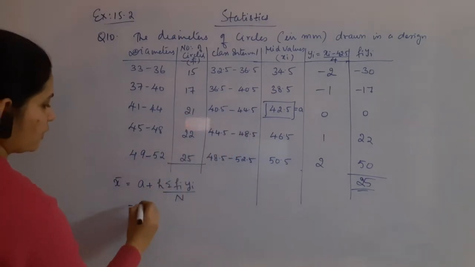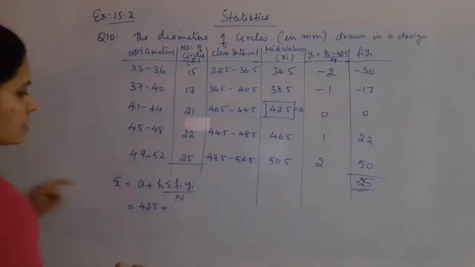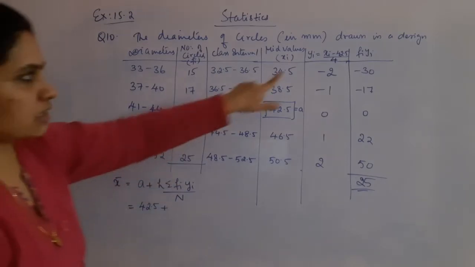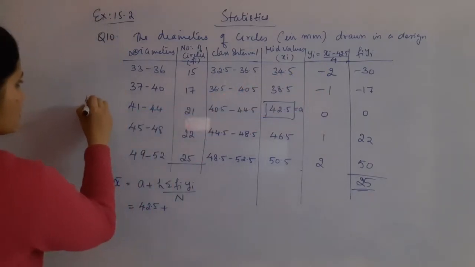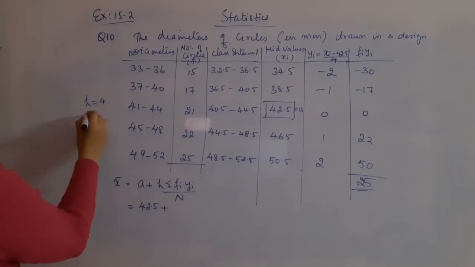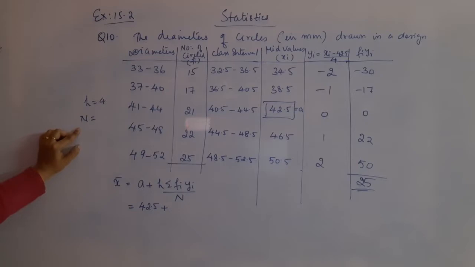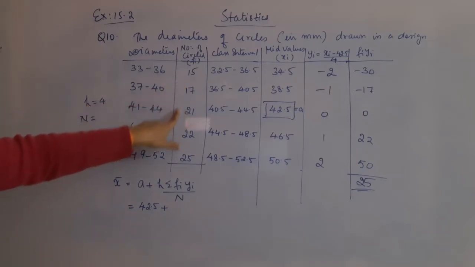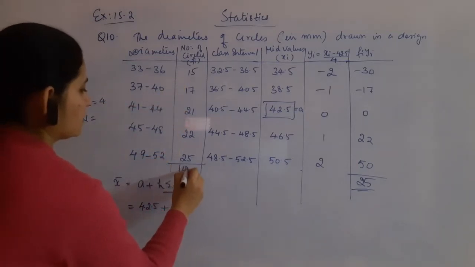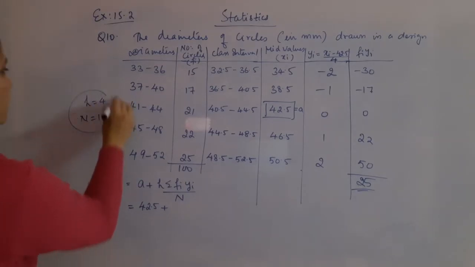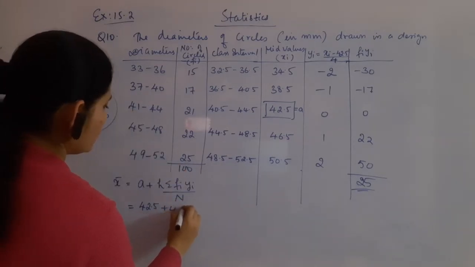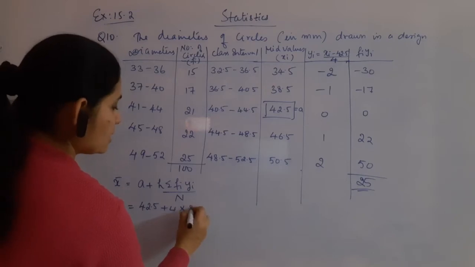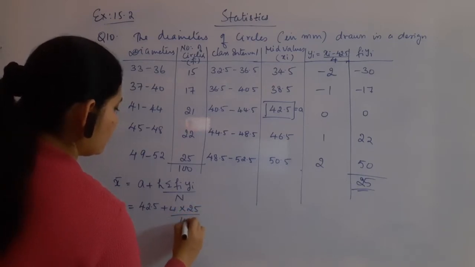A is 42.5 plus h. H is how much? 4. H is equal to 4 and we have not calculated n. What is n equal to, or sigma Fi equal to? How much you are getting the total here? 100. Okay, so now we can replace the values. H 4 into sigma Fi yi is 25 by n 100.